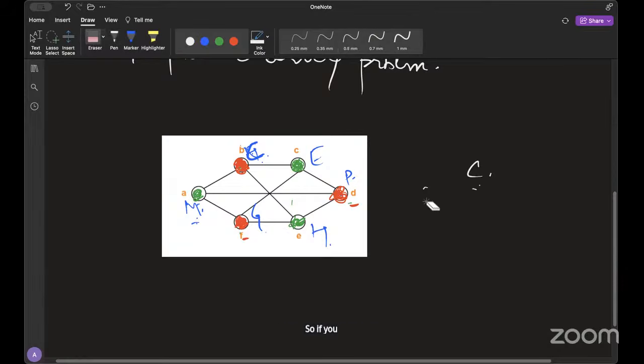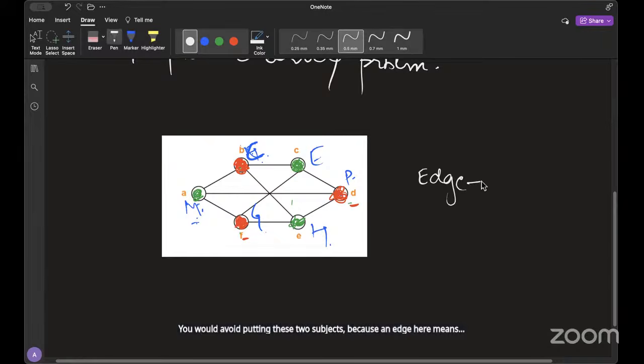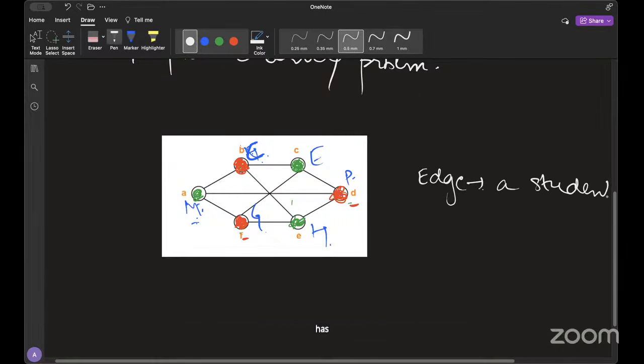So if you were to make a date sheet, you would avoid putting these two subjects together, because an edge in this particular example means a student has opted for both subjects. At least one student has opted for both subjects.